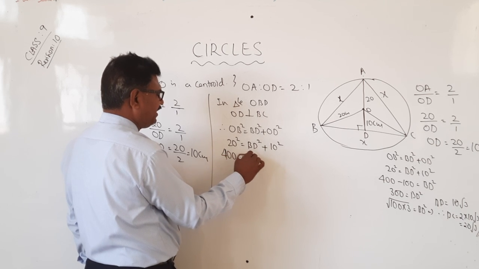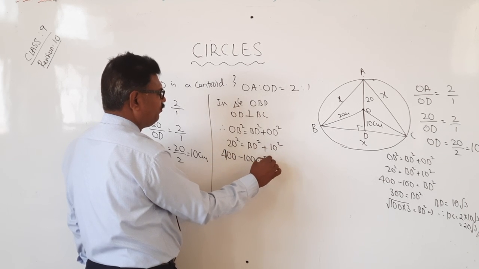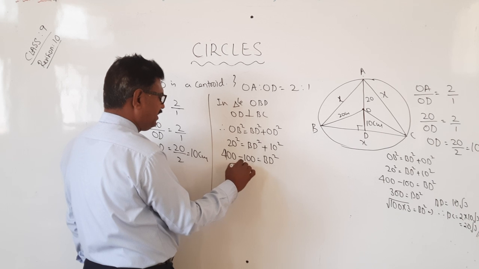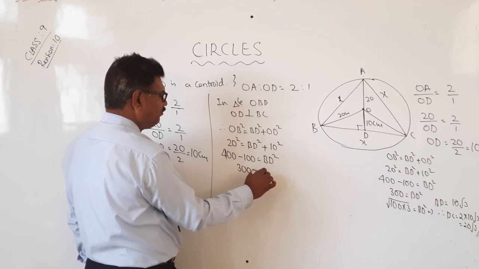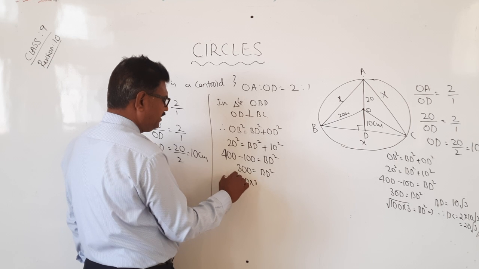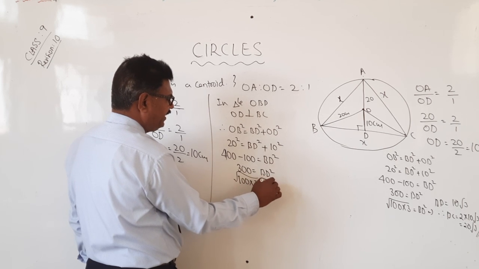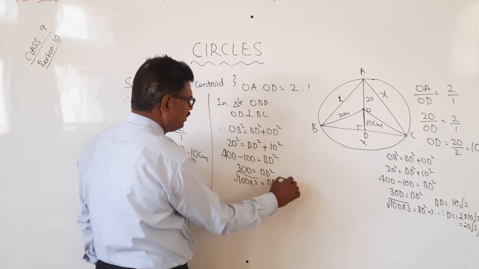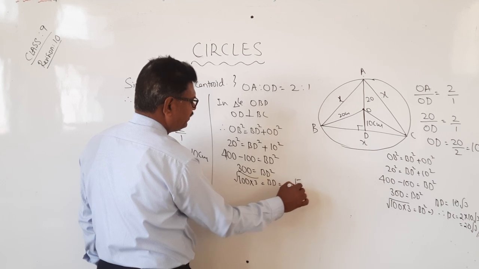400 minus 100 is equals to BD square. 300 is equals to BD square. 100 into 3, so BD is equals to 10 root 3.